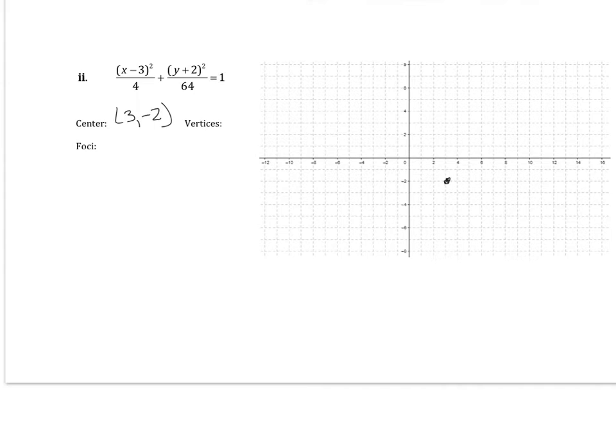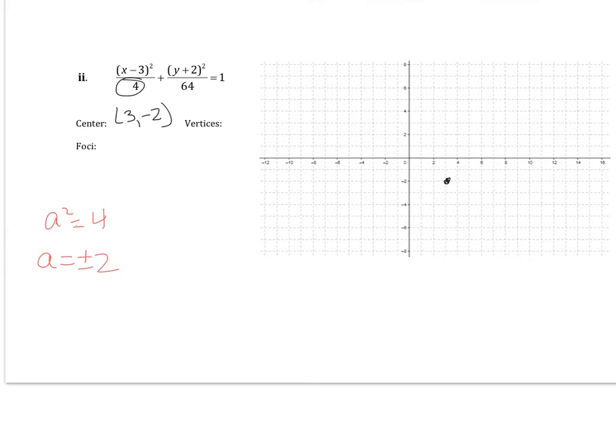Okay. And again, sometimes it's easier to go ahead and graph it first rather than try to identify what the vertices are first. So we have our a squared value here, right? So a squared is equal to 4, which is going to give us a equal to plus or minus 2. Now, plus or minus 2 are not the vertices or the covertices necessarily.